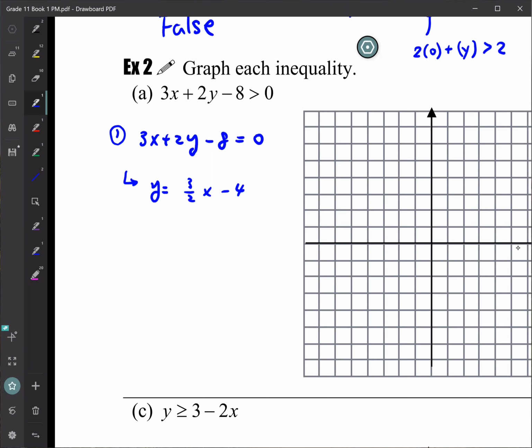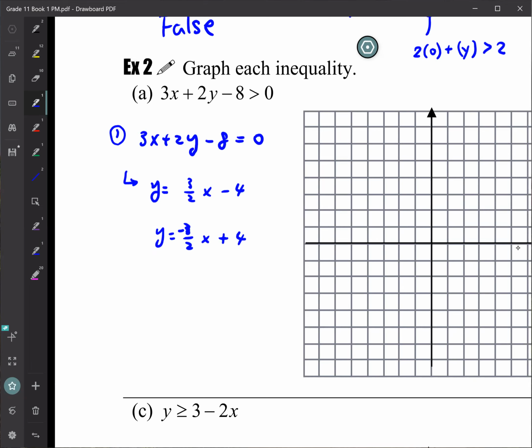Angela? Yeah. I got plus 4 instead of minus. So y equal to 3 over 2x plus 4? And also negative 3 over 2. Okay. Yeah. So the sign is opposite. How about Colin? What about you? Yeah, I got the negative 3x divided by 2 plus 4.